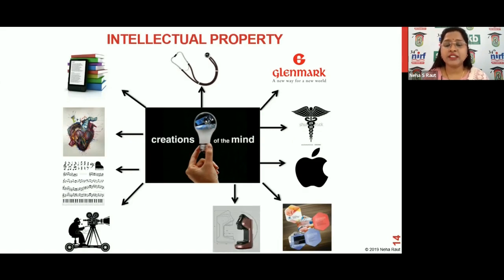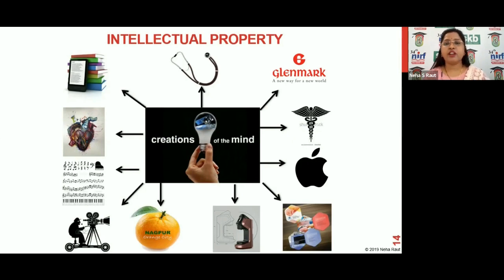Now this is the industrial design or design patent, where we can protect the design. And the most important one is the Nagpur orange, we can see here, that is geographical indication. So we can protect it under the geographical indication. So this is all the intellectual property; we can protect our invention under any of these IPs.